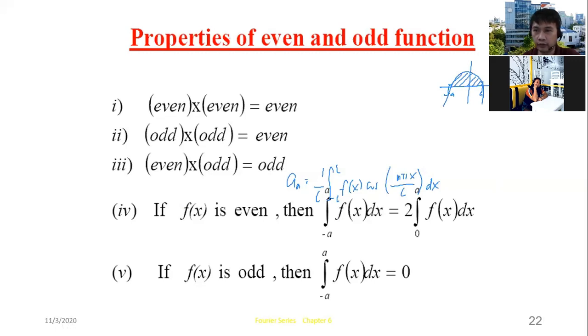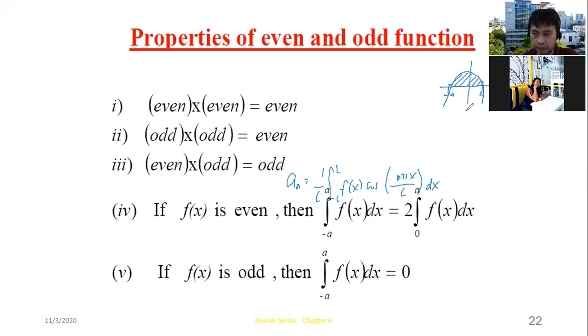This is equivalent to evaluating the same function from 0 to a, because this is symmetric with respect to the y-axis. That's why we have our multiplier 2. So the integral of f of x dx from 0 to a, times 2, will give us the same area.